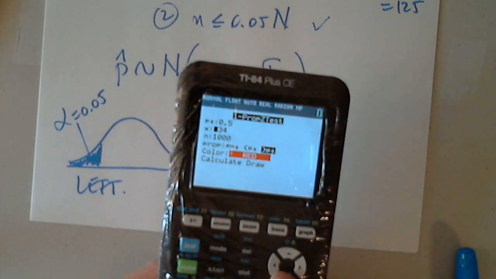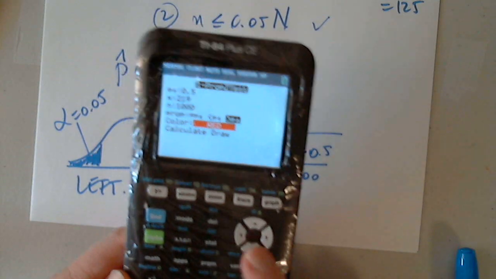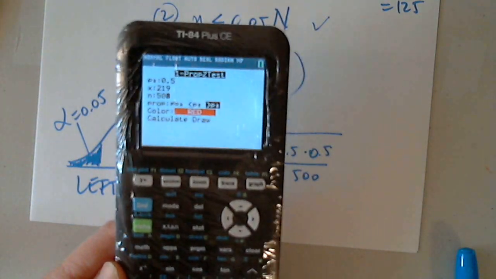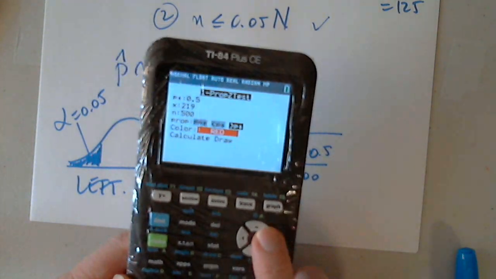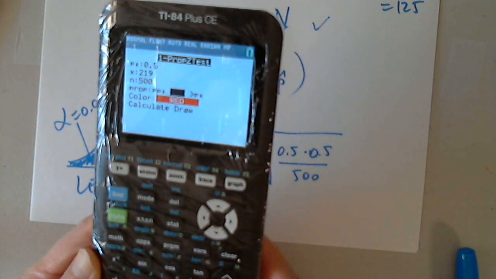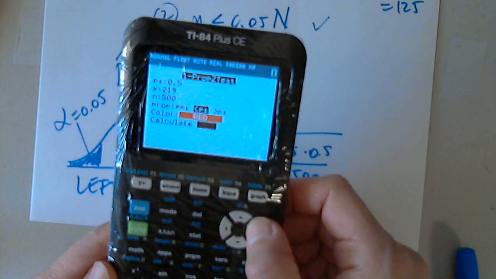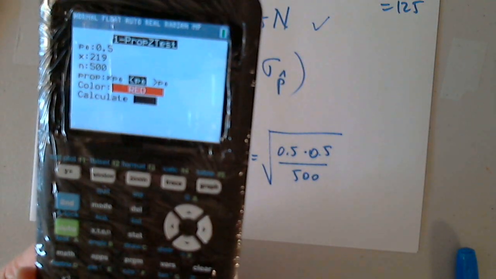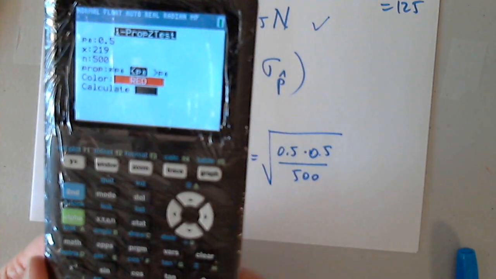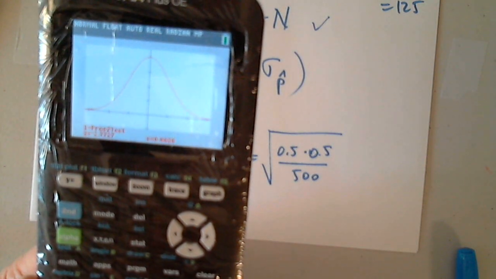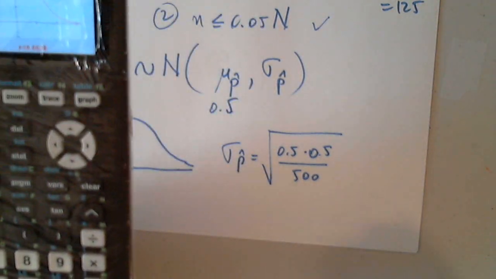Okay. So 0.5 again, x is 219, n is 500. Careful to change to the correct test, left tail test. It's up to you. You want to go to calculate, that's fine. I would like to see the draw, and the p-value appears in both. It doesn't matter. Look at that.